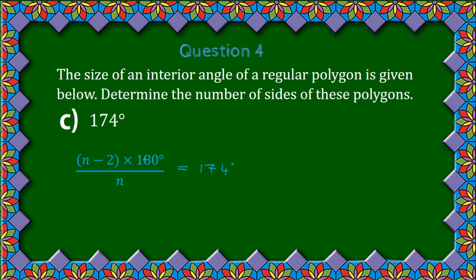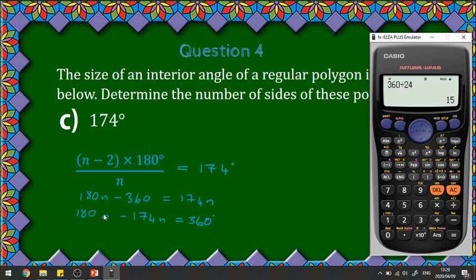I'm going to multiply in the 180, so this is 180n minus 360 equal to 174n, and then bring the terms that contain n to the left hand side. 180n minus 174n equals 360 degrees, and then 180 minus 174 gives me 6.